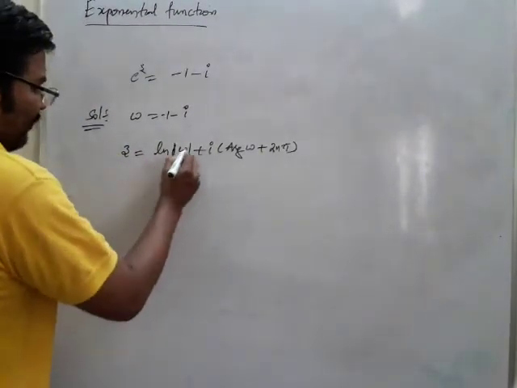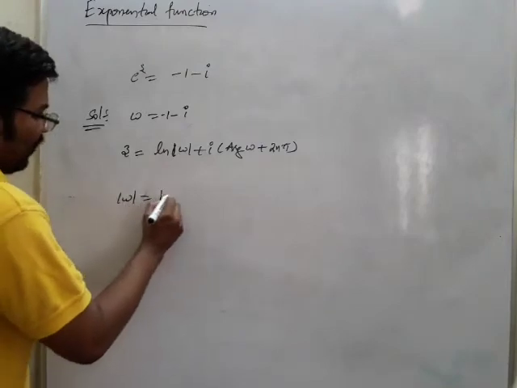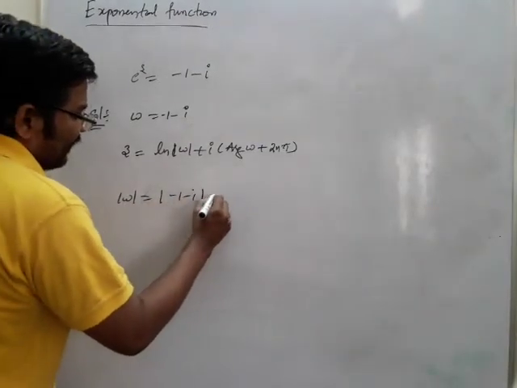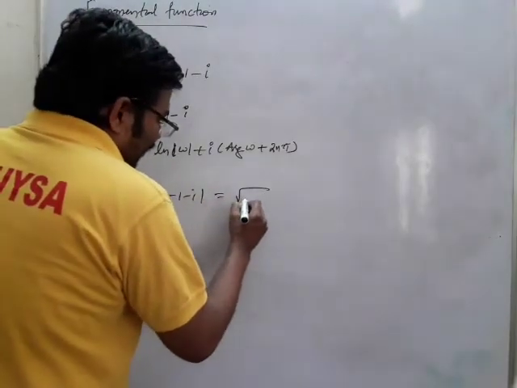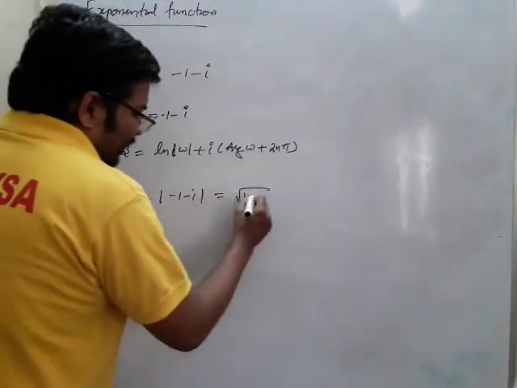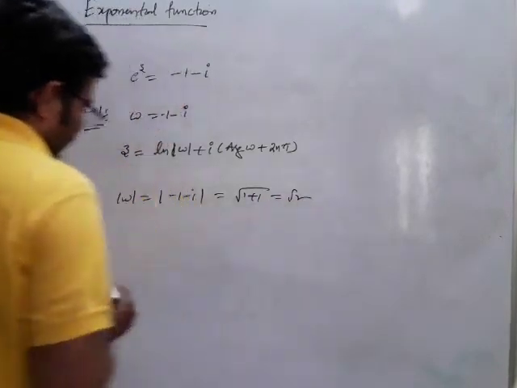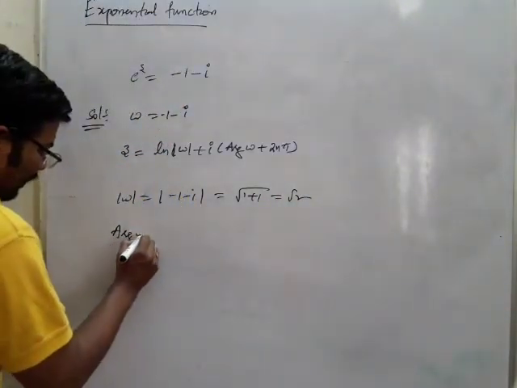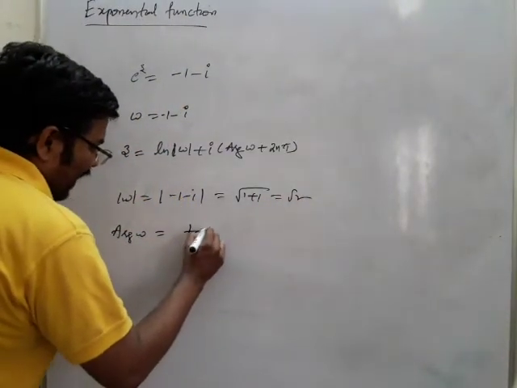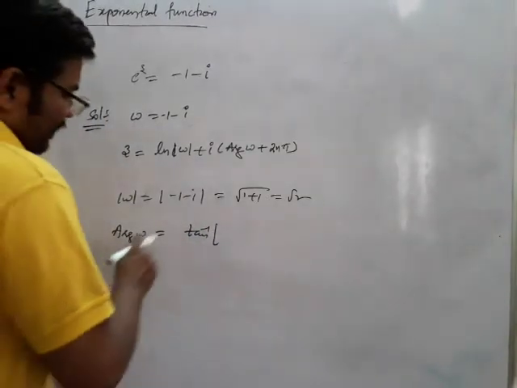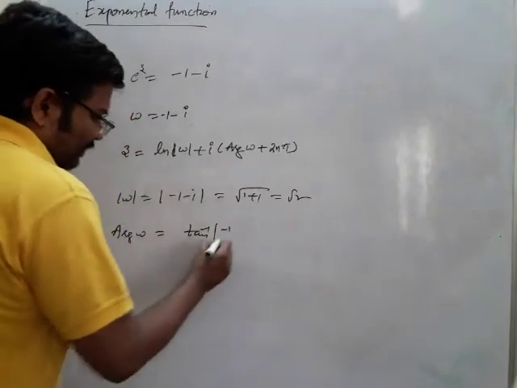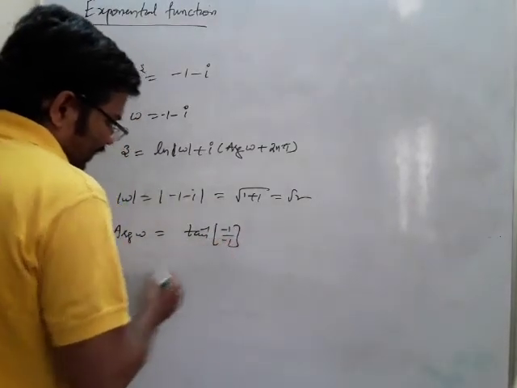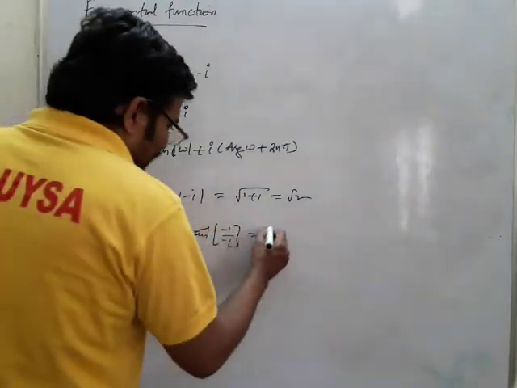Mod W is equal to mod of -1 minus i, that is root of 1 plus 1, which is root 2. Argument of W is tan inverse of -1 by -1, so tan inverse 1.